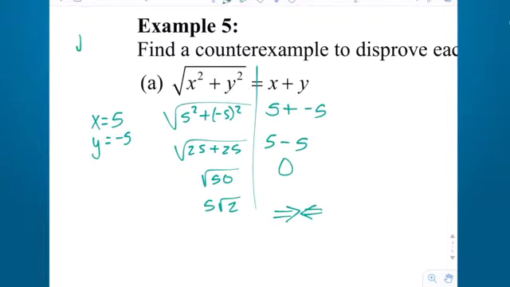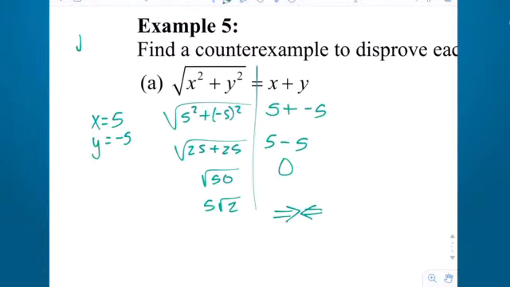So when can you replace the square root of x squared plus y squared with just x plus y? Never. Unless you're on a game show and you're trying to lose. I don't know.